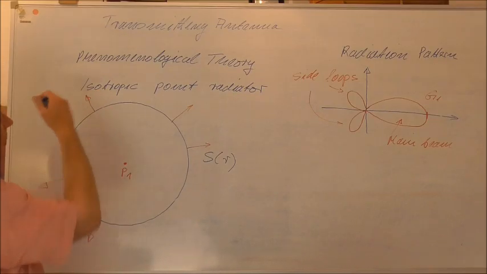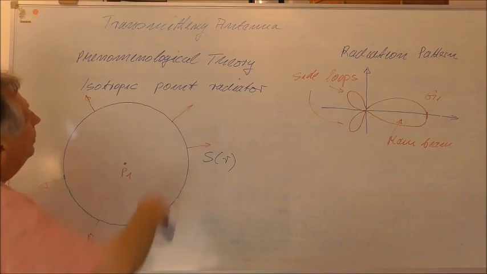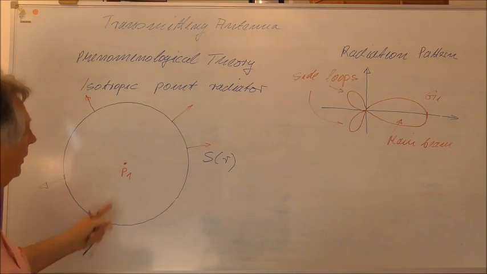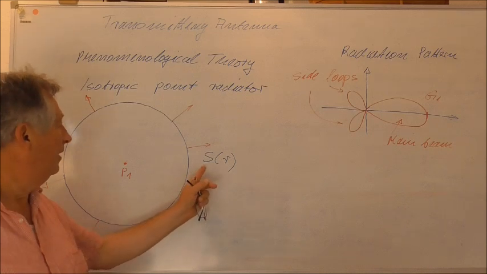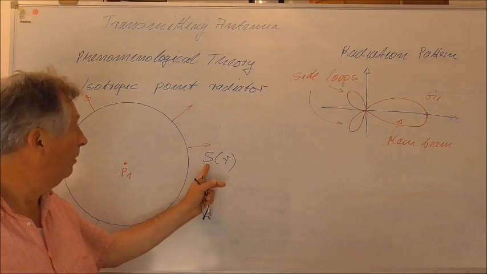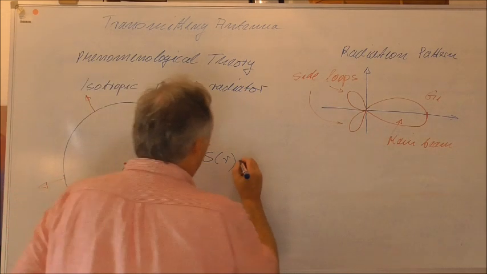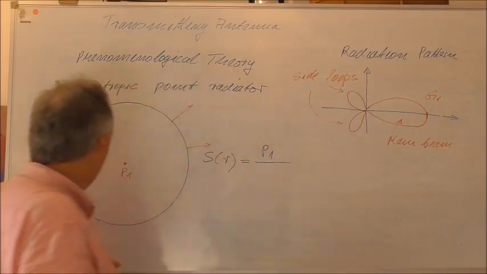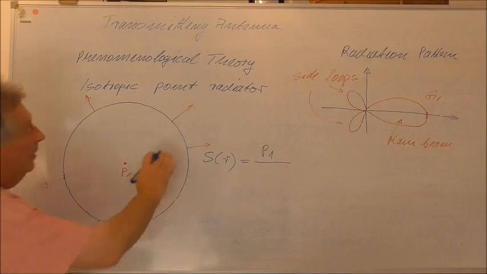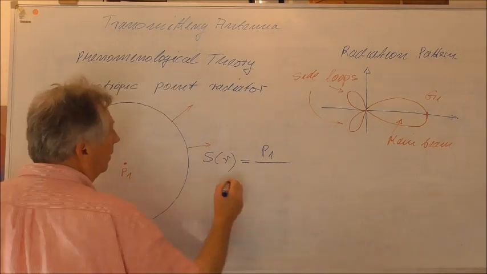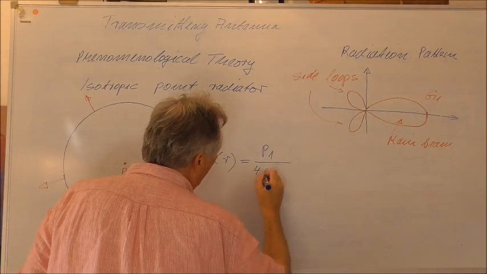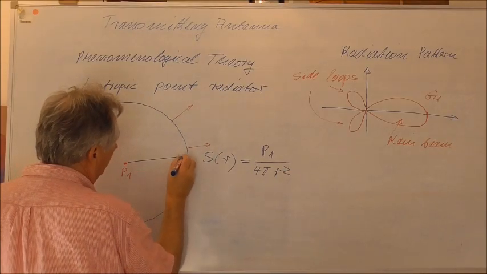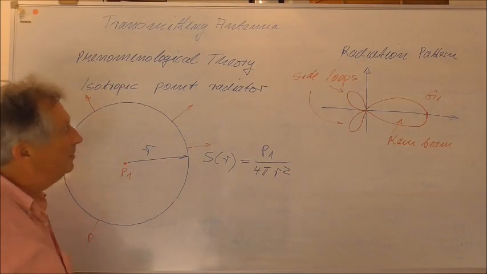If I assume that this power is isotropically radiated over the sphere, then we will get a certain power density, or the Poynting vector, which is given by P1 divided by the area of the sphere, which is 4 pi r squared, where r is the radius of our sphere.